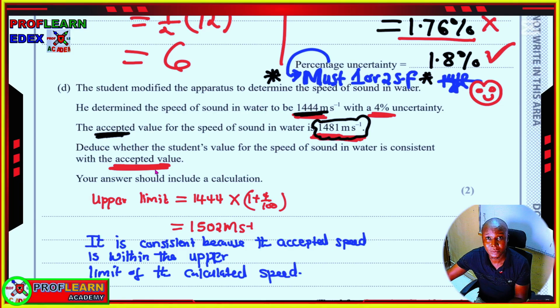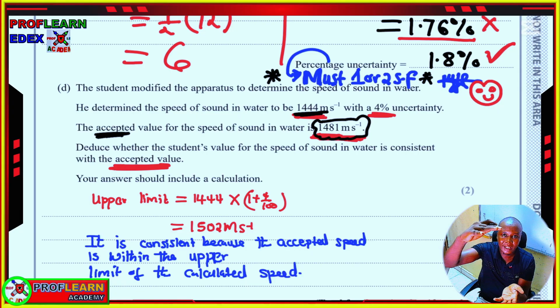In such a scenario, because the calculated value is actually less than the accepted value, what you are advised to do is to work out the upper limit of the calculated value and check if the accepted value is within the upper limit of the calculated value.